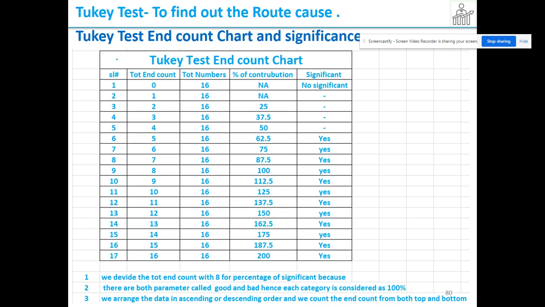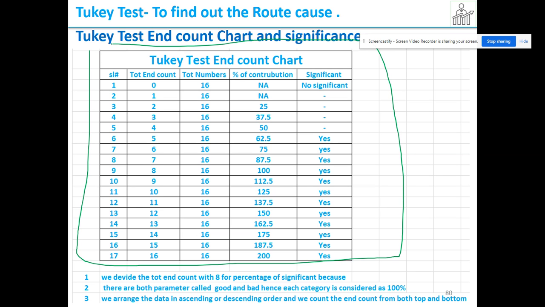So there is a chart for the Tukey test. This you shall have as a standard chart. In the output, while performing the Tukey test, we'll get an output as total end count. If the end count is this number, what is the significant effect on the output? This table will give us.